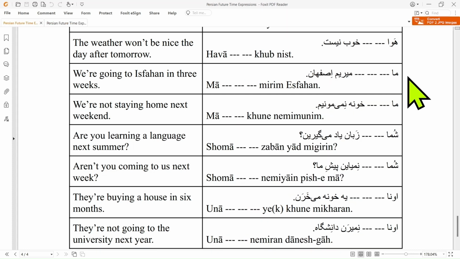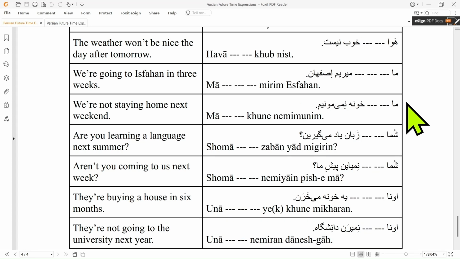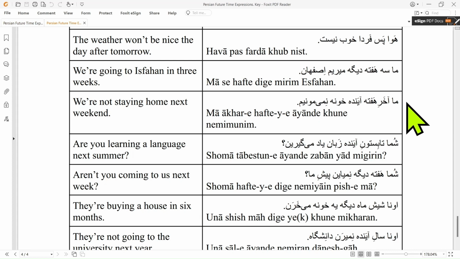We're going to اصفهان in 3 weeks. ما 3 هفته دیگه میریم اصفهان. We're not staying home next weekend. ما آخر هفته آینده خونه نمیمونیم.